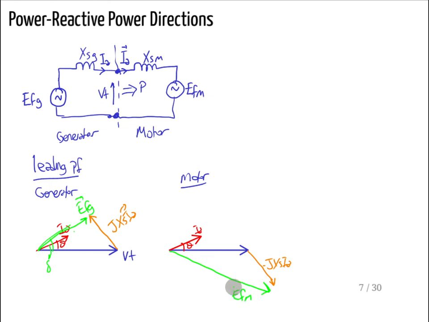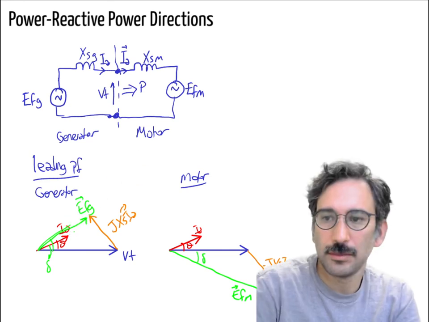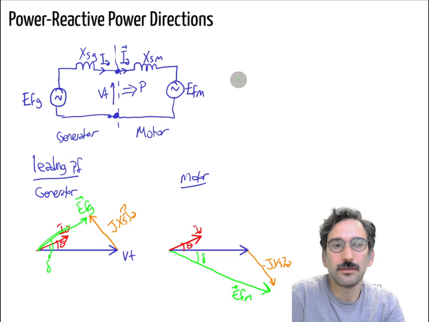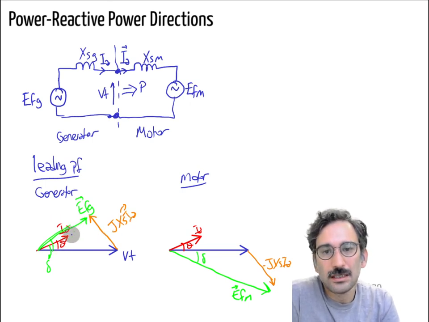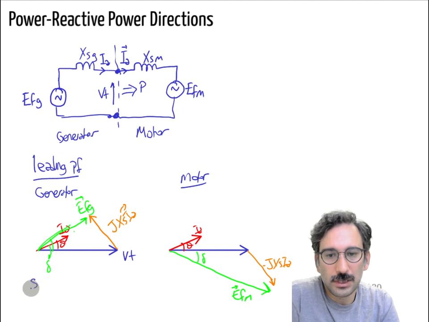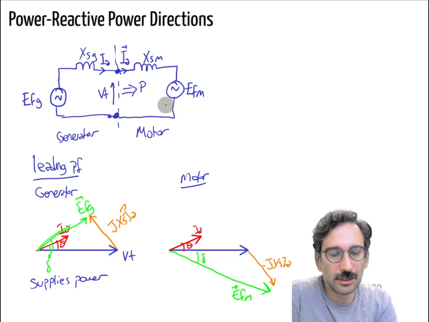So still, as you can see, EFG actually leads VT, so it still supplies power. The power direction is still that one.